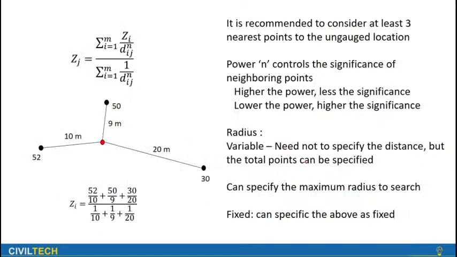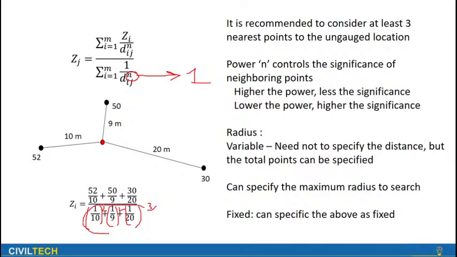Now let us move on. This is the same example with some more explanation. Instead of following this, I can even use square, right? I can even use cube. So everything can be used. We can have a higher number of n, but typically the n value will always be considered as 1, because if I keep on increasing the power, of course this is inverse, right?